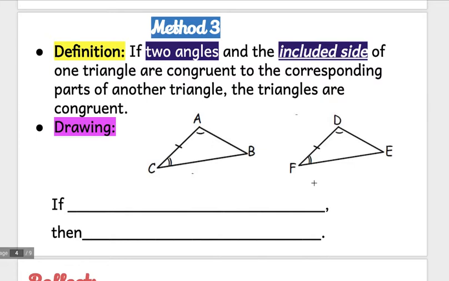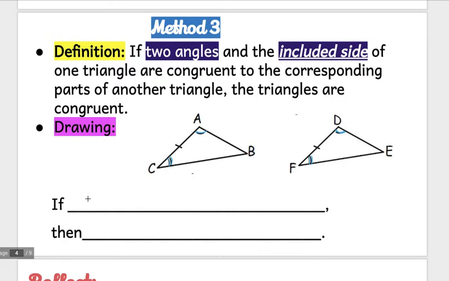Let's check what that means. According to the picture here, we have angle A congruent to angle D, one pair of angles. And also angle C is congruent to angle F, another pair of angles. And the included side, meaning the side between the two angles, is AC congruent to DF. Then these two triangles are congruent.